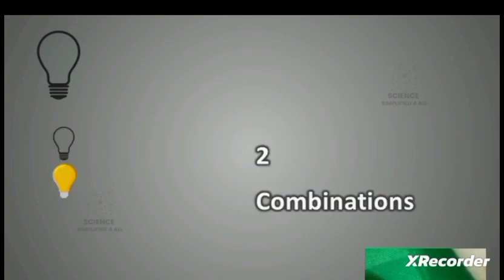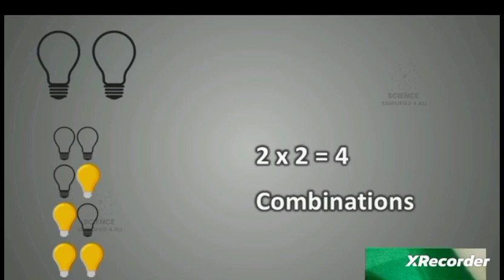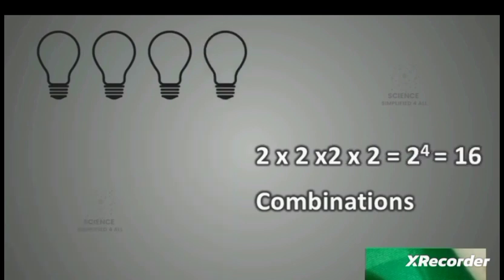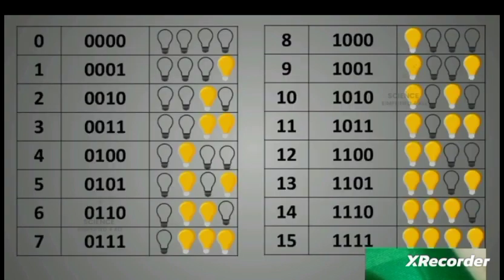A single bulb has 2 possible states, on or off. With 2 bulbs, the total combinations are 2 times 2 equals 4. With 3 bulbs, 2 times 2 times 2 equals 8 combinations. With 4 bulbs, 2 to the power of 4, which equals 16 combinations. That is what we saw earlier.